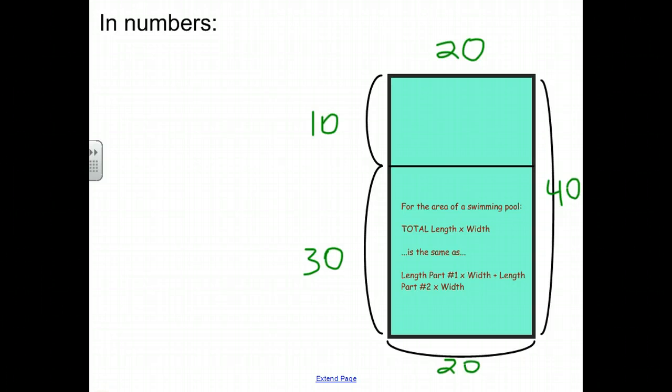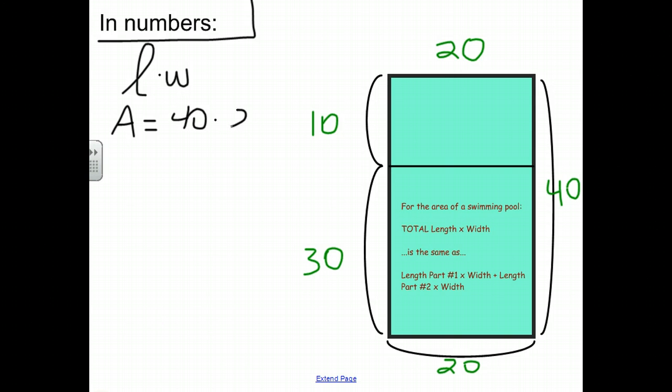So if we look at it from the point of view of length times width, our area is the overall length, 40, times the width, which is 20, and that gives us an area of 800 square feet, because we said that these were feet.